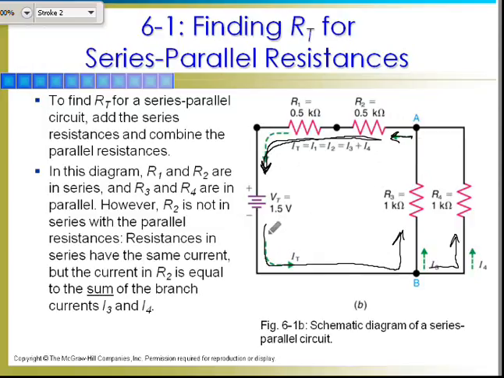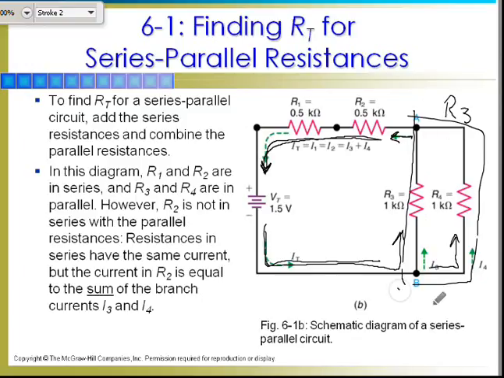So I have essentially a single path. This is like saying R1, R2, and R3. Being prepared to analyze R3 to an R equivalent.